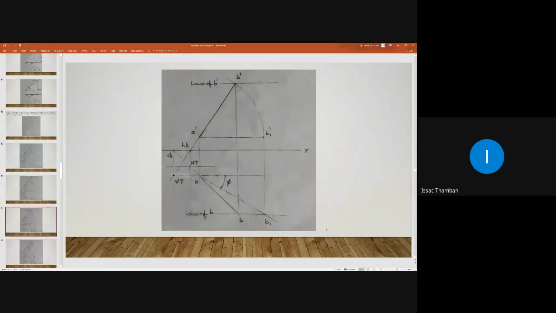Five point eight centimeter, that is 58 millimeter. You have to answer the true length in mm. What is the length? 58. 58 mm.